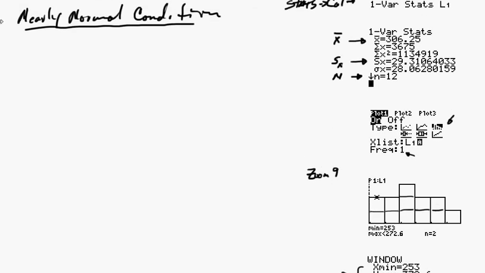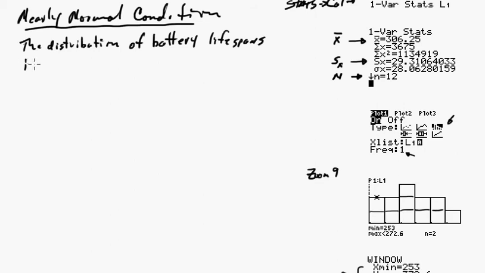The bottom line here is that I want to say something like this: the distribution of battery lifespans is roughly unimodal and symmetric.